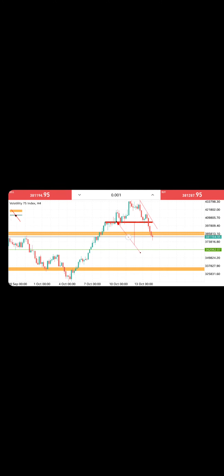Normally, if a market ranges like this, forms a double top and breaks out of the neckline, it's gonna give the same amount of pips it accumulated here. So measure it from top to the neck, then from the neck to the bottom here. That's where the market is gonna come and pull back.